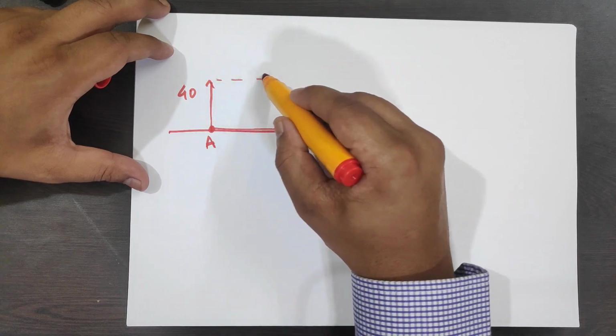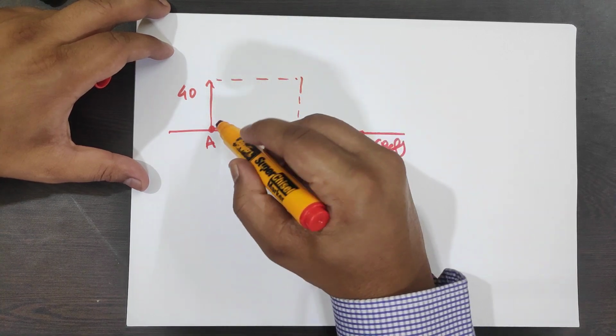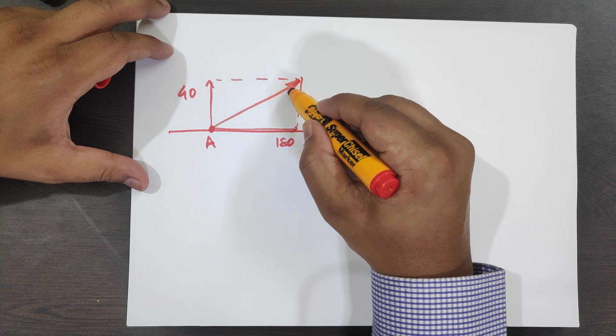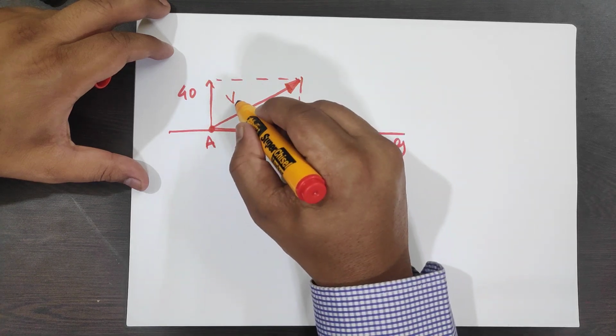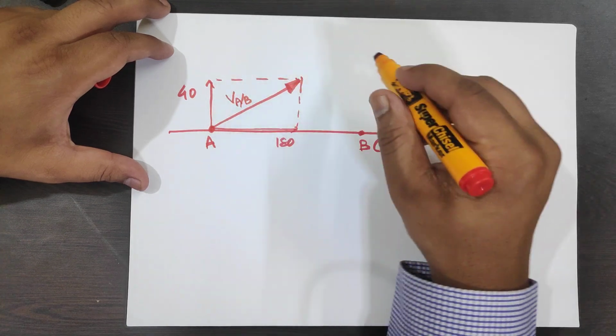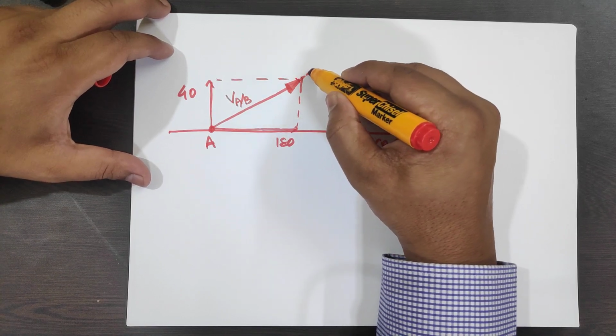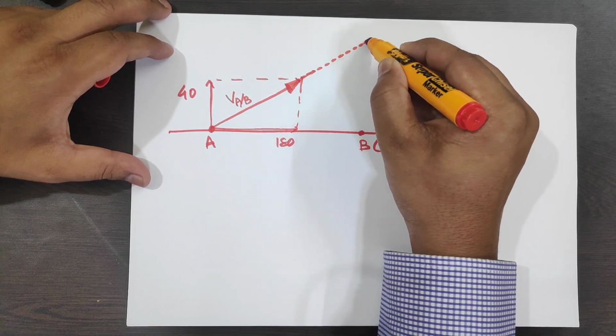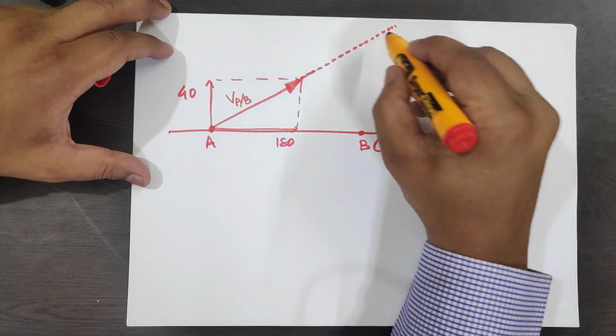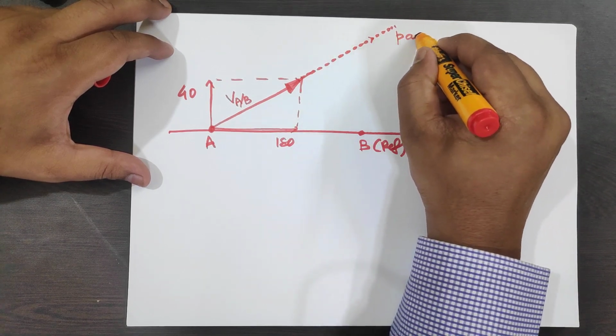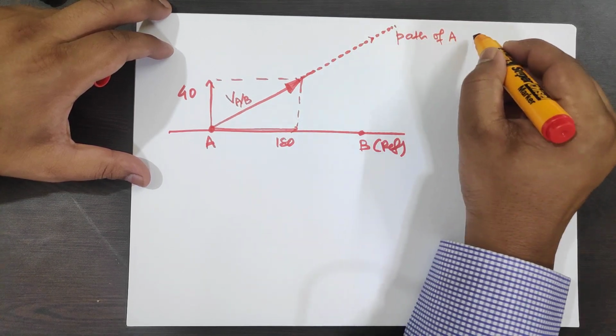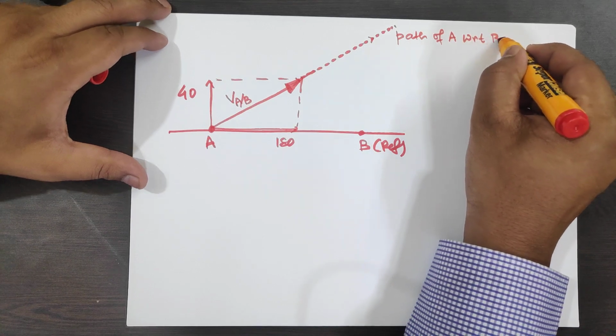So the resultant velocity is this way. This is VA with respect to B, same as UA with respect to B. So this is the path of A with respect to B.